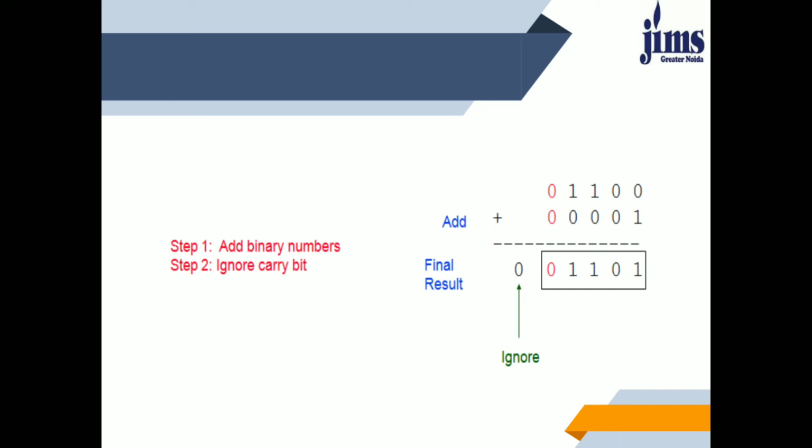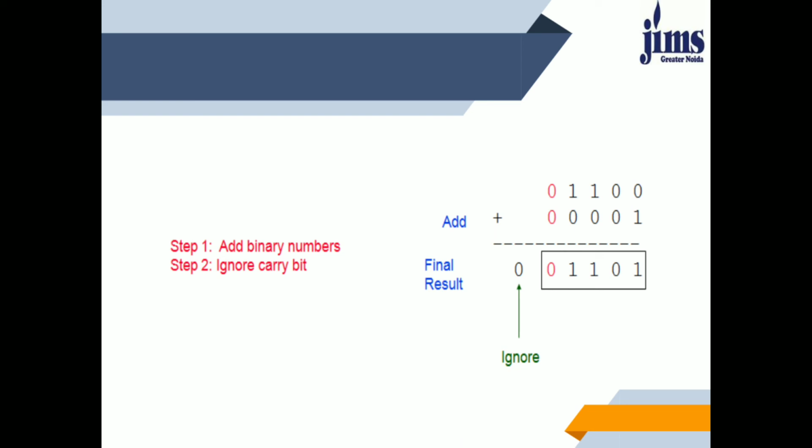In a similar way as we were adding in 1's complement, we will add here. 0 plus 0 is 0, 0 plus 1 is 1, 1 plus 0 is again 1, and 1 plus 1 will be again 0 with a carry of 1. Keep in mind that if carry is generated, then discard that carry.